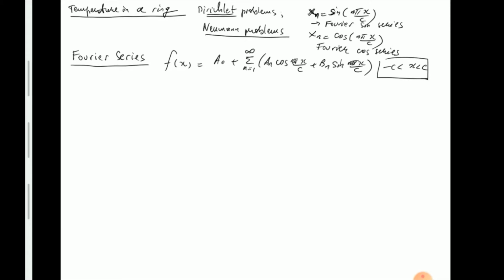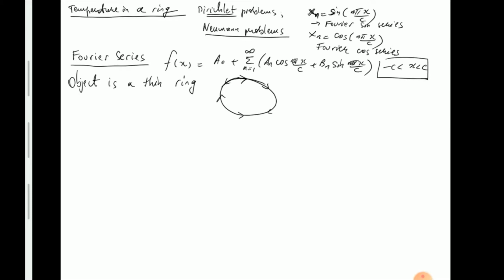So the object is a thin ring, a wire, for example, of negligible width, and heat basically flows along the ring in various directions, again according to the temperature gradient.